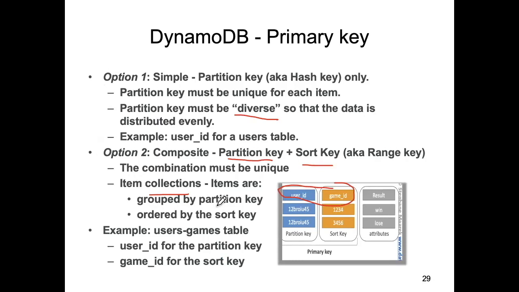They'll all be stored in a group on the same physical partition. And what it also means is that if you request that group, that collection, then you're guaranteed that they will be returned back to the client in the order based on the type of your sort key.